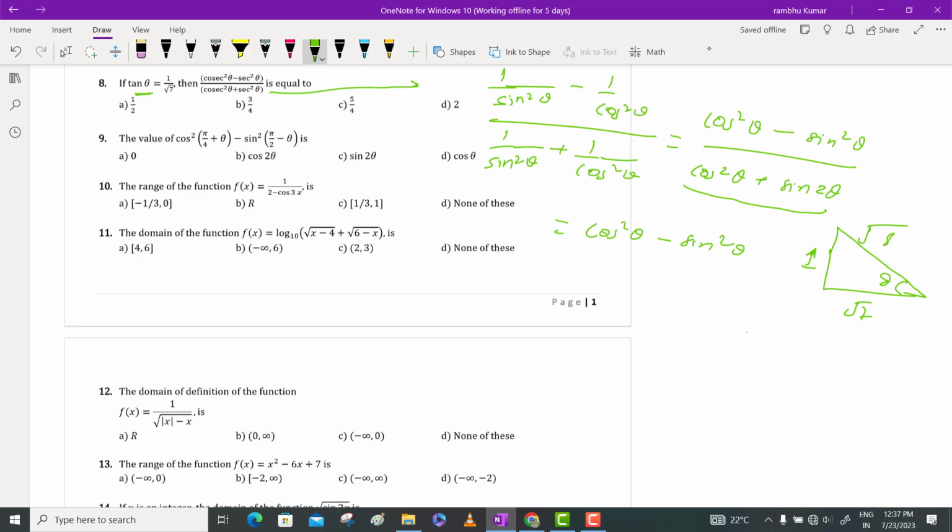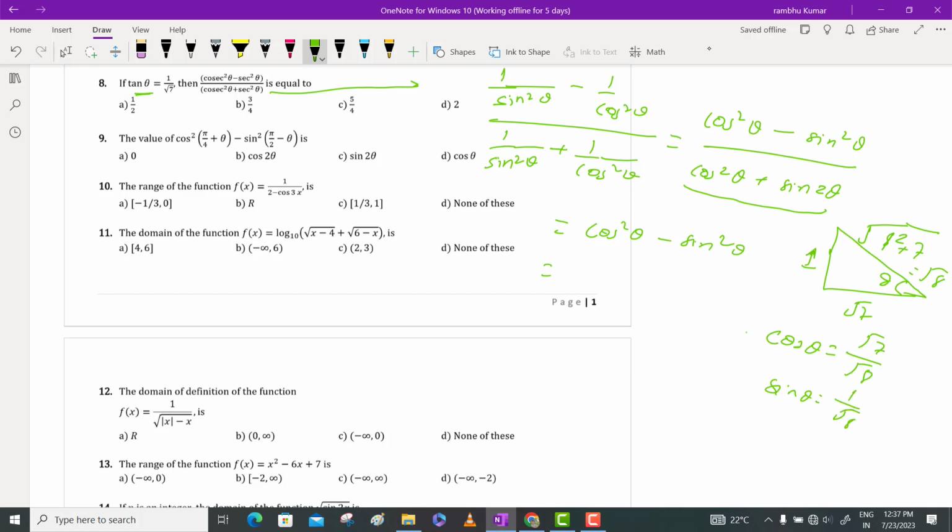Because 1 square plus root 7 square is equal to 8. So we will have root 8. Now cos theta will be root 7 by root 8, sin theta will be 1 by root 8.